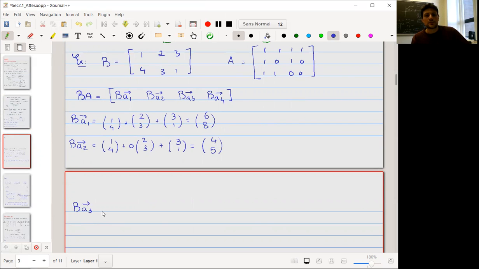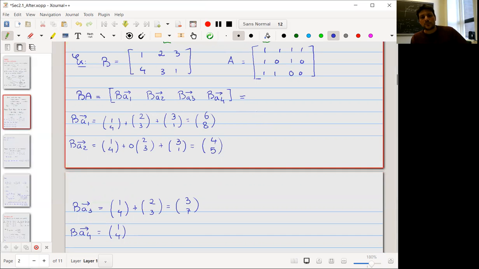When I take BA3, then that's 1, 4 plus 2, 3, which is equal to 3, 7. And BA4 is just the first column of B. That's 1, 4.